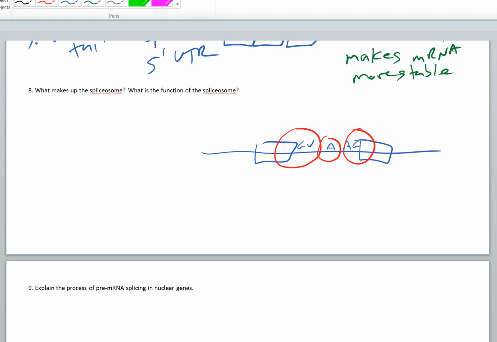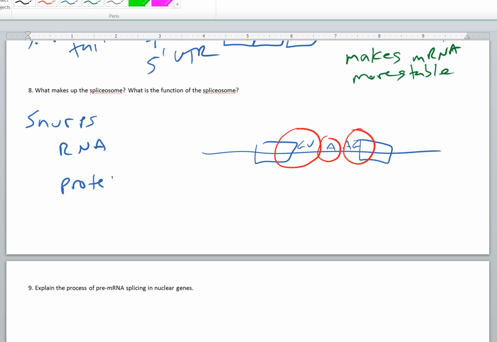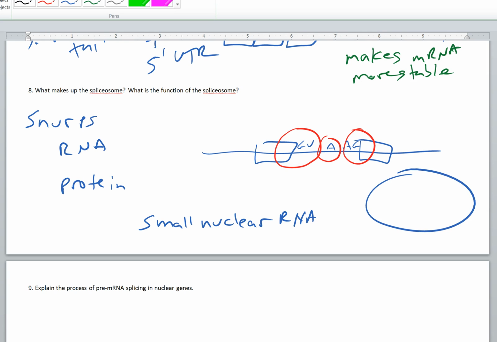What makes up the spliceosome are things called SNRPs. And SNRPs are made up of RNA and protein. The RNAs are called small nuclear RNAs, because splicing happens in the nucleus.